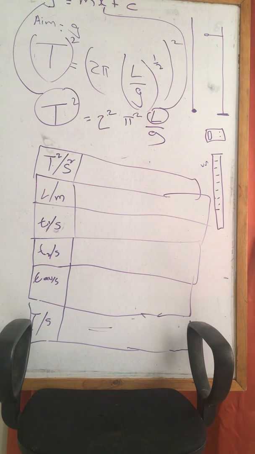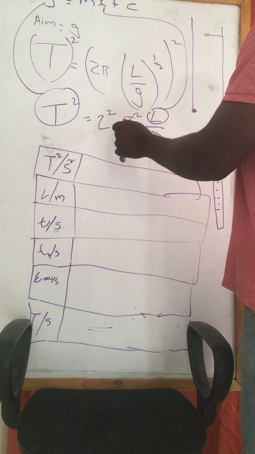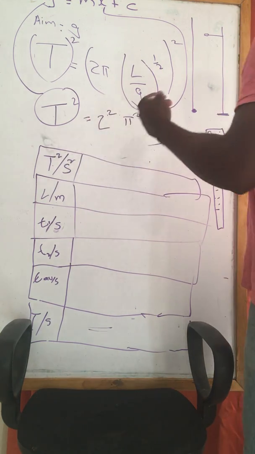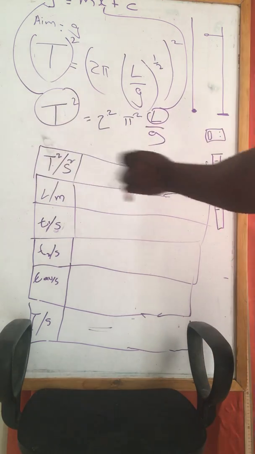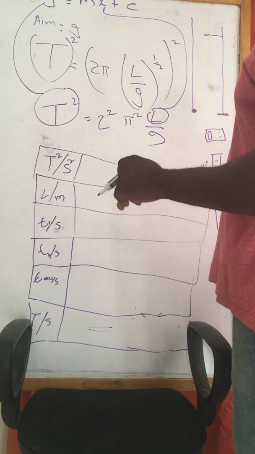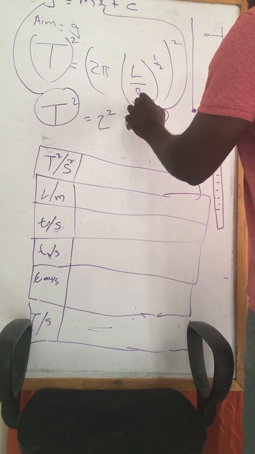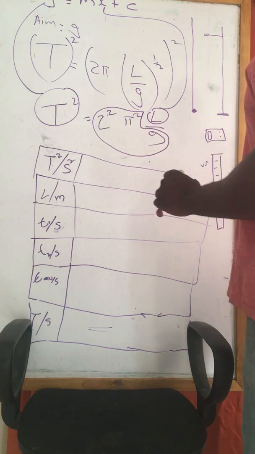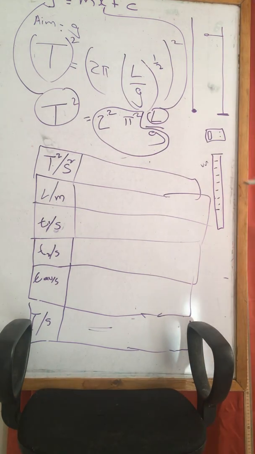We say that M is a constant. Is 2 a constant? Yes, it is. Is 2 squared a constant? Yes, it is 4. Is pi squared a constant? Yes, you cannot change pi squared. Is G a constant in your location? Yes, it is a constant. So if we wrap up all these constants here and call it M, all of this would be our gradient.